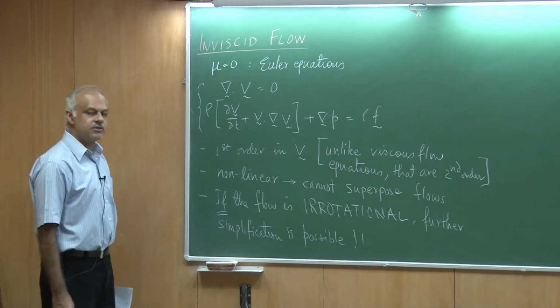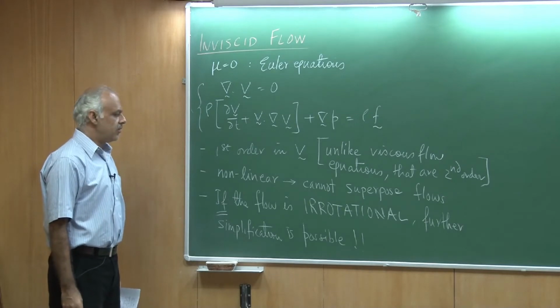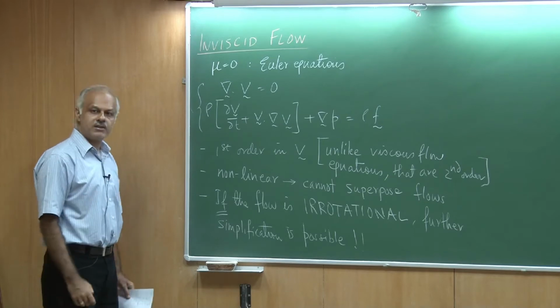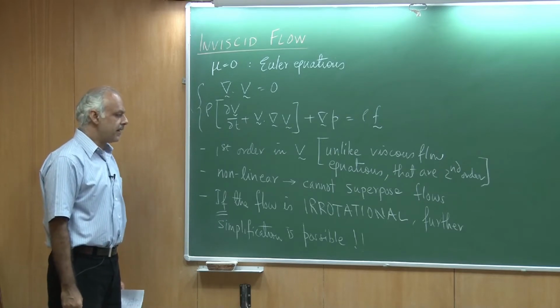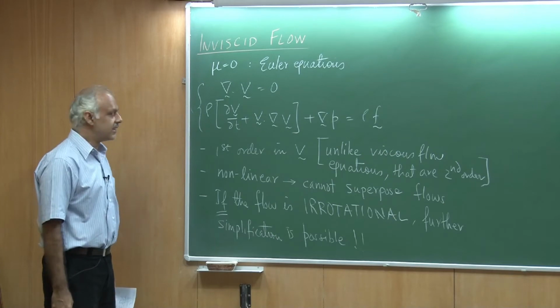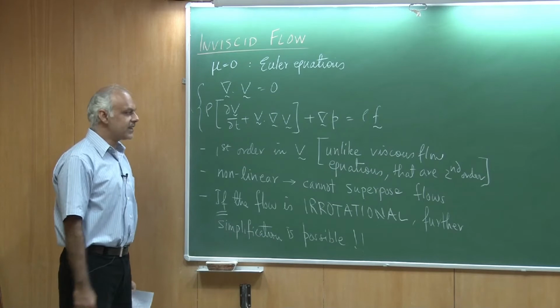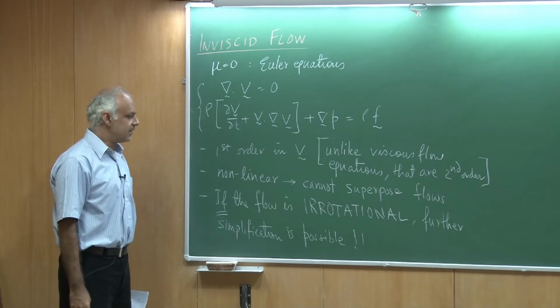So, now obviously we would like to understand when are the flows irrotational. We have talked a little bit about it, so we are going to review that. And what if the flows are irrotational? Then how do we further simplify these equations? I can already tell you the answer, so that you can comprehend what we are going to discuss.